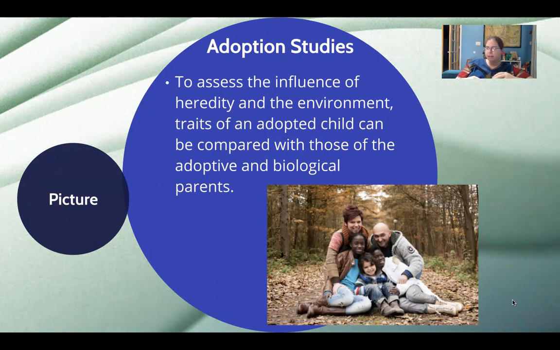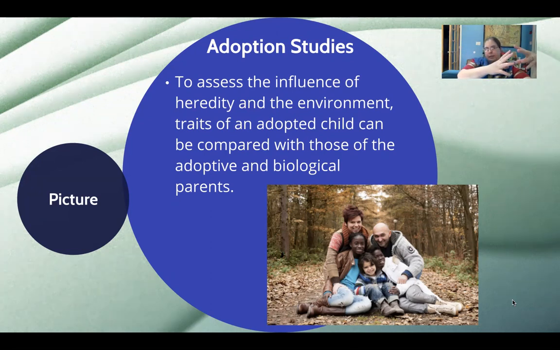Meaning, if I'm looking at the child and I notice that they end up having some heart disease and high blood pressure and all those indicators at a young age, I can compare that by looking at both sets of parents.